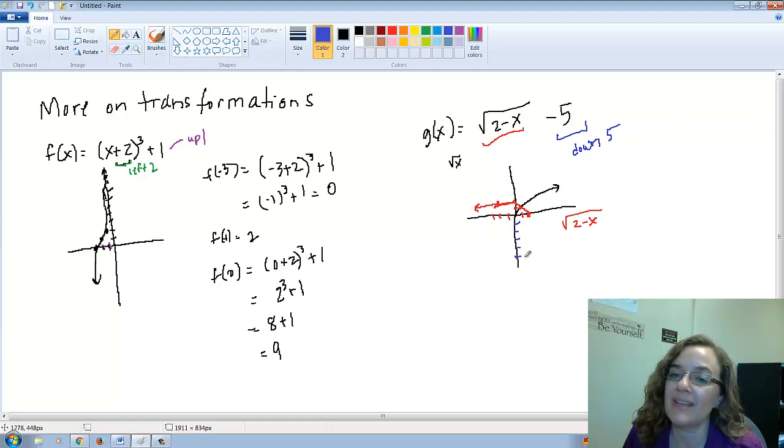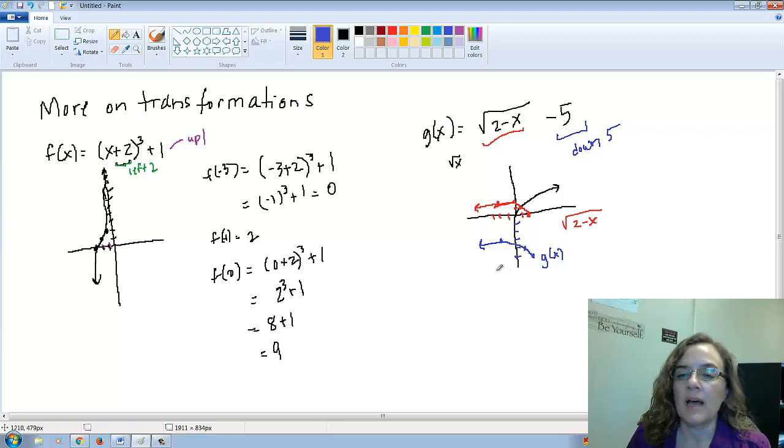So it's going to be down here, where I'm now going to be at -4 at the point 1, and then at -2 I'm going to be up here at -3. So it's a little different, but this is the g of x. This is how the shifts will happen.